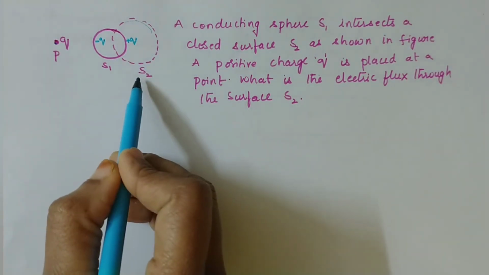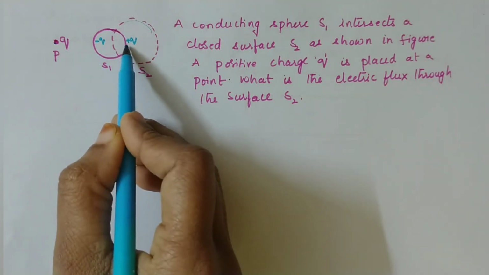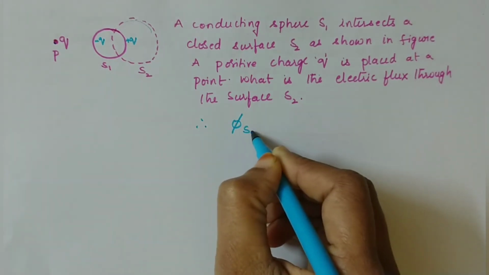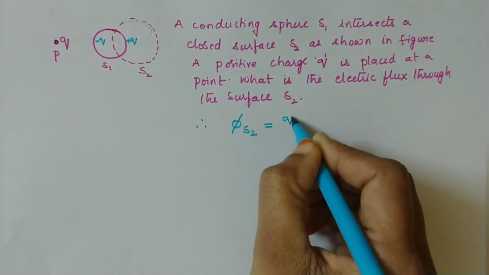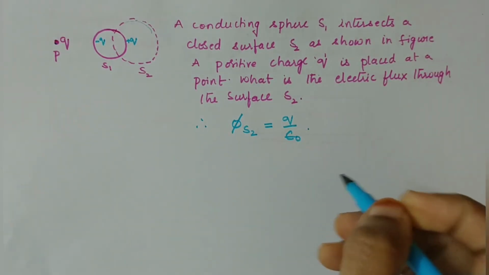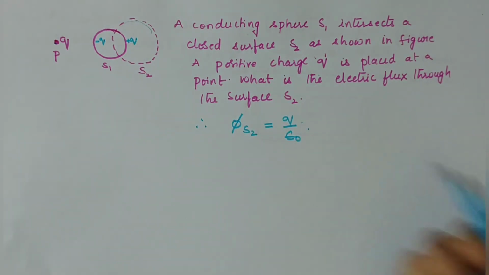And now you can understand S2 is enclosing a charge which is equal to plus Q. Therefore, flux passing through the surface S2 would be Q divided by epsilon naught. Okay, it's a logical question. You need to find out the flux through this surface, which is Q divided by epsilon naught. It is not 0.